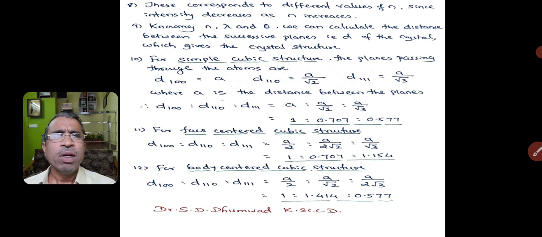Here I have given, for simple cubic structure, the planes passing through the atoms: D100 is a, D110 is a upon root 2, and D111 is a upon root 3.